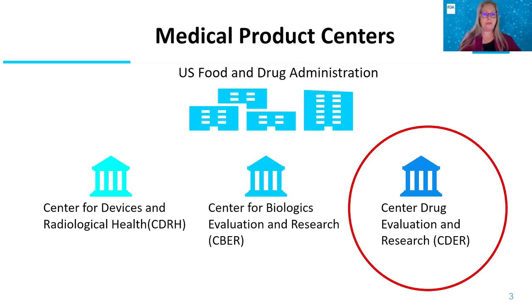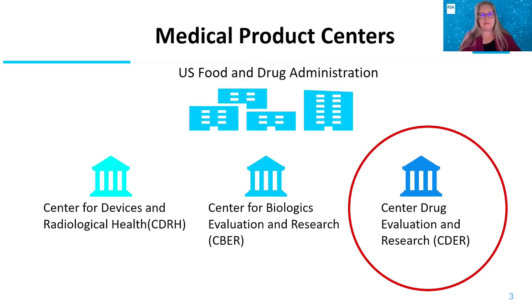I do know that our rare disease families are very much interested in the efforts that CBER does. Both CDER and CBER collaborate frequently. Actually, all 3 of our medical product centers are in constant communication with each other and collaborate all the time on various topics and issues, particularly when it comes to patient-focused drug development. We brought that into patient-focused medical product development as well. So we do talk to one another.